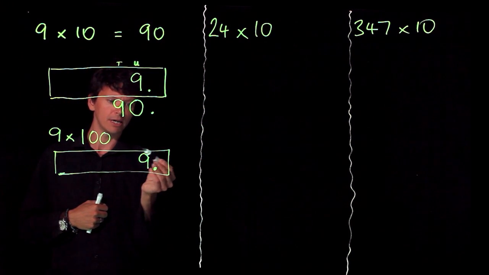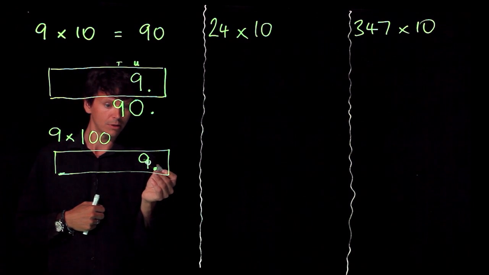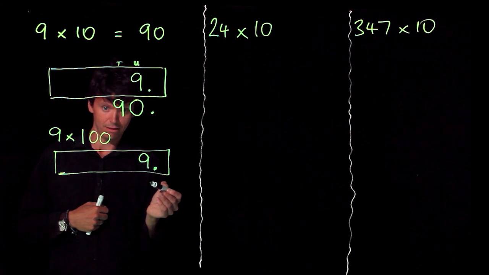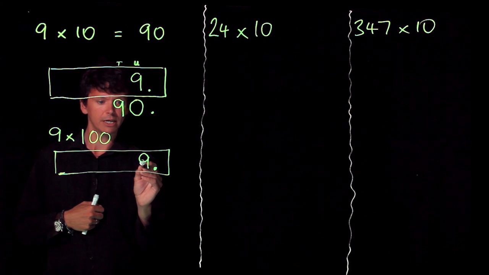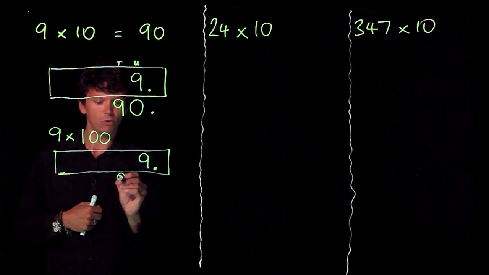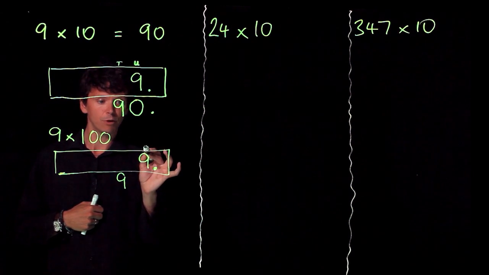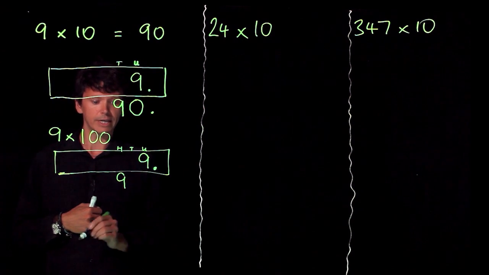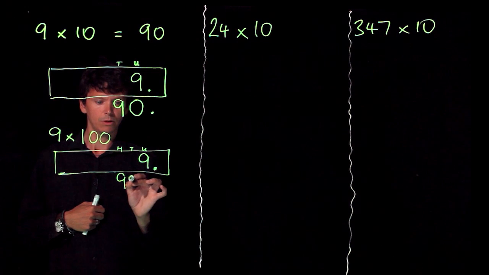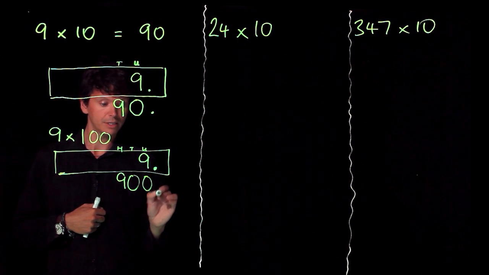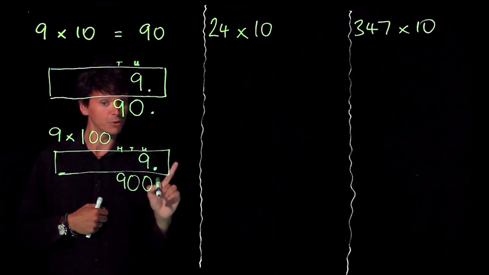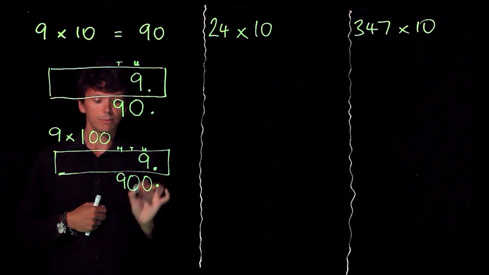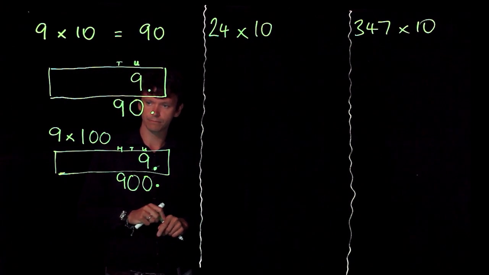So if we multiply 9 by 100, we're going to end up with 9 hundreds, or 900. Effectively, therefore, moving the 9 from the units column, bypassing the tens column, and going into the hundreds column. We have no tens, we have no units, and the decimal point is where it's always been. So 9 multiplied by 100 is 900.